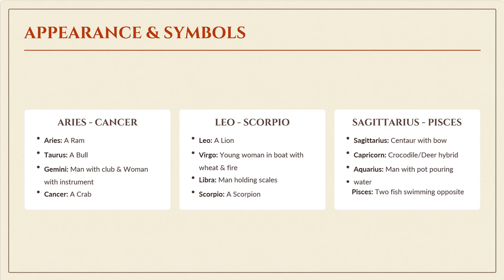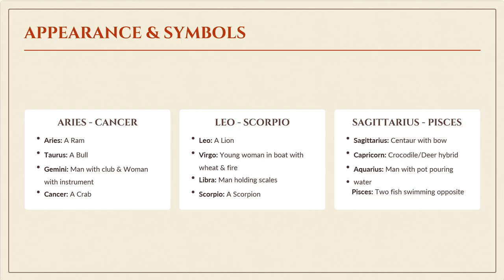Okay, so these are the symbols. Now these symbols have their importance, it's not just that they are symbols. For example, a ram is always ready for a fight. So Aries has these characteristics, that he is always ready for a fight. He's very quick. Bull is a very calm and stable kind of animal. In Hindi we say, 'gai bhains paani mein', once a buffalo enters water, it will stay there.